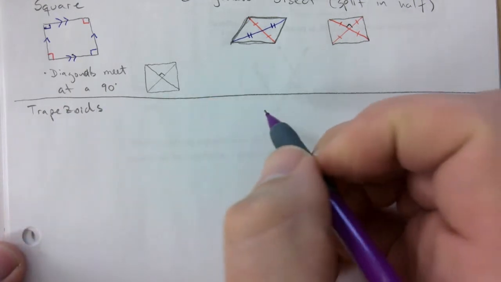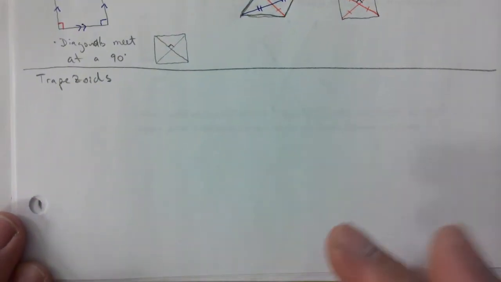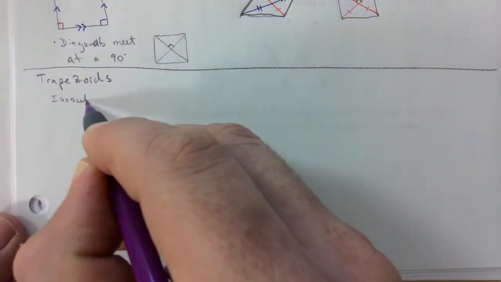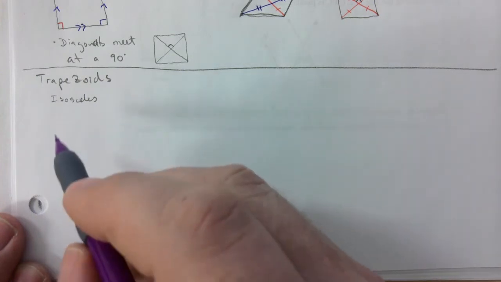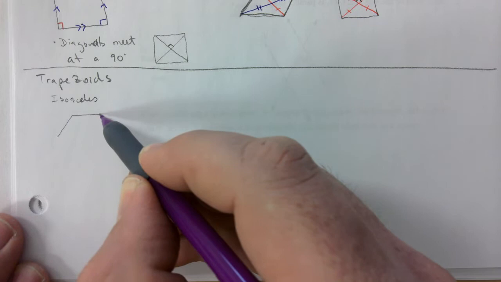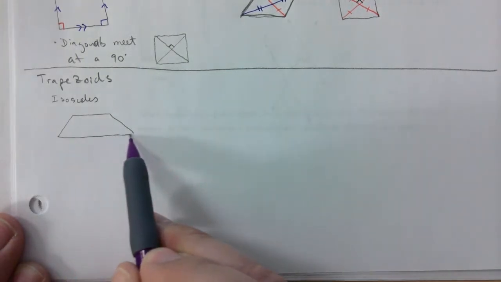There are two main types of trapezoids we're going to talk about. There's the isosceles trapezoid, which is basically like a roof cut off, right? Like this.